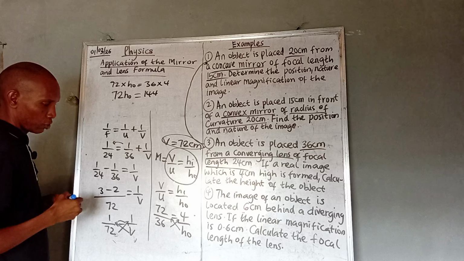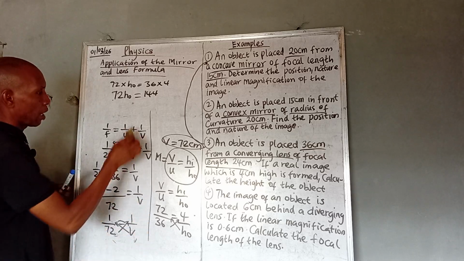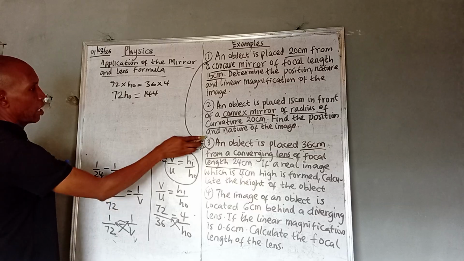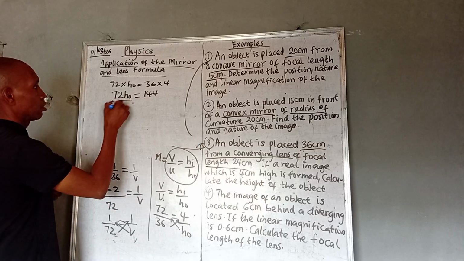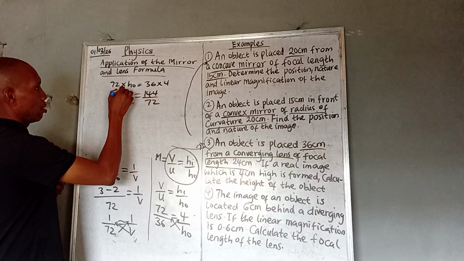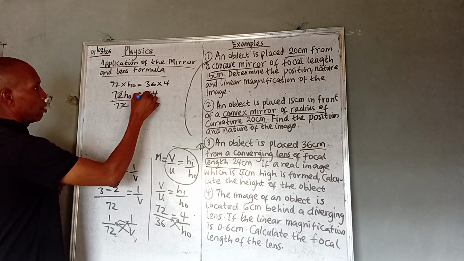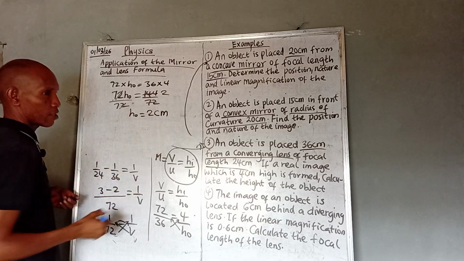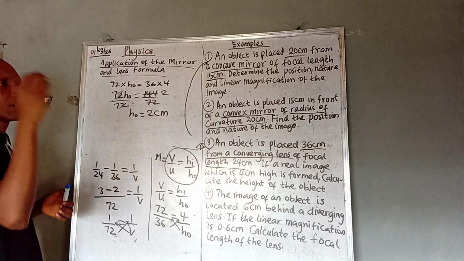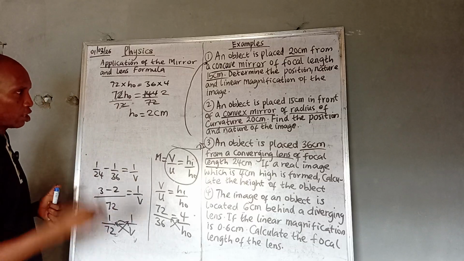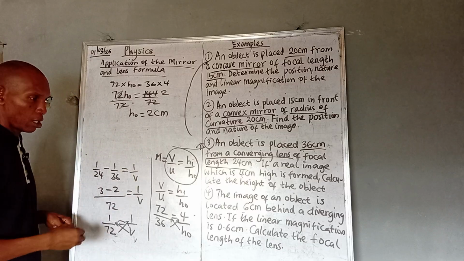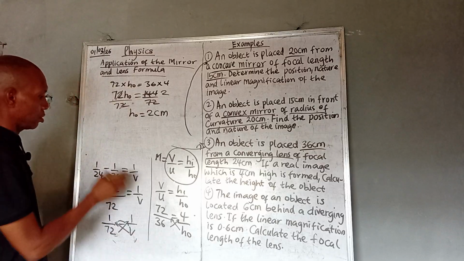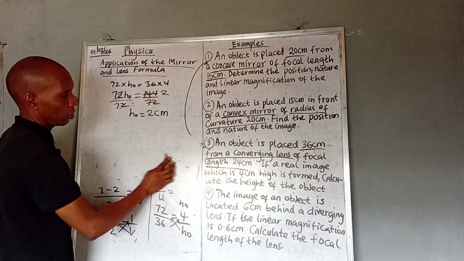So what do we do? We have to divide both sides by 72. We are going to have h naught is equal to 2 centimeters. So the object height is 2 centimeters. So easy to do. Let's still take the last example on the board.